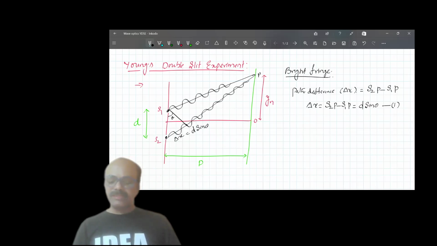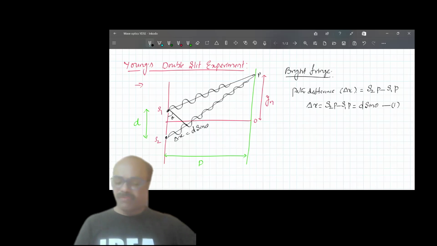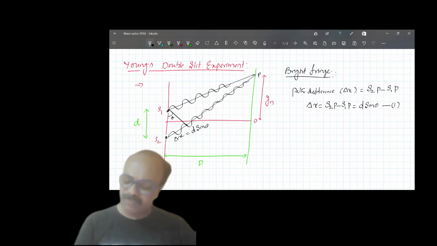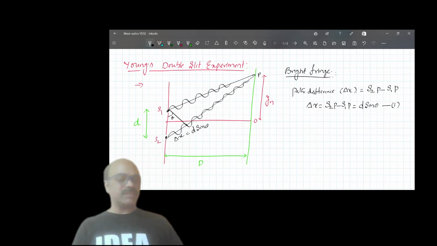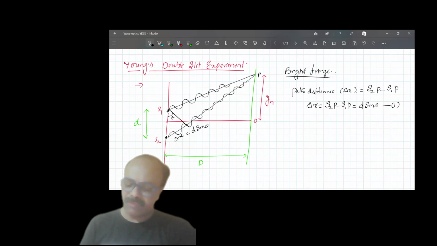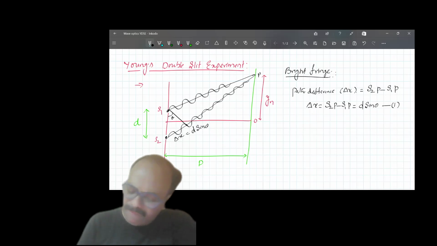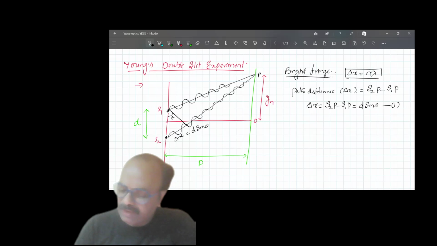For constructive interference, for the bright fringes, the path difference should equal n times lambda.